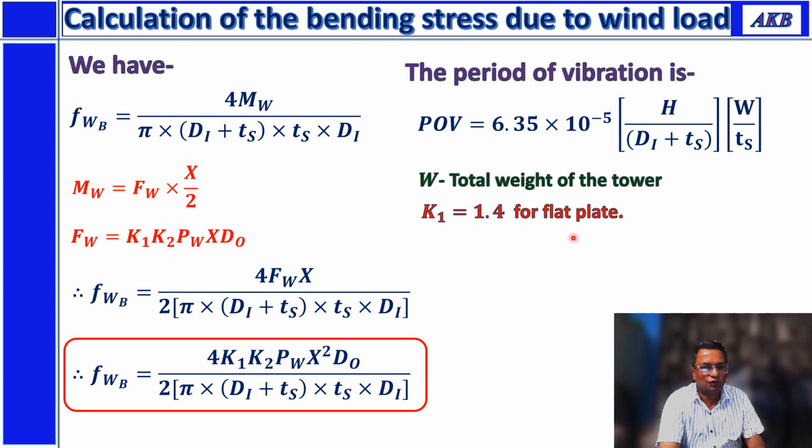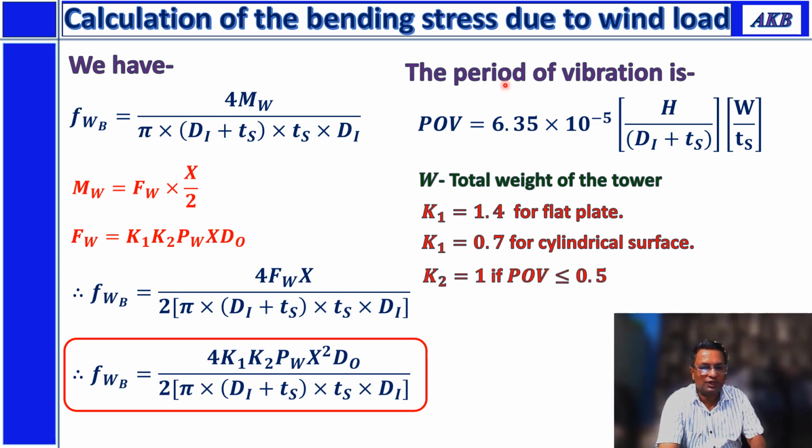K1 is 1.4 for flat plate, we have understood. And for cylindrical surface K1 is 0.7. Then depending on the period of vibration, if you get it less than or equal to 0.5, K2 will be equal to 1, and if you get it greater than 0.5, K2 will be equal to 2.